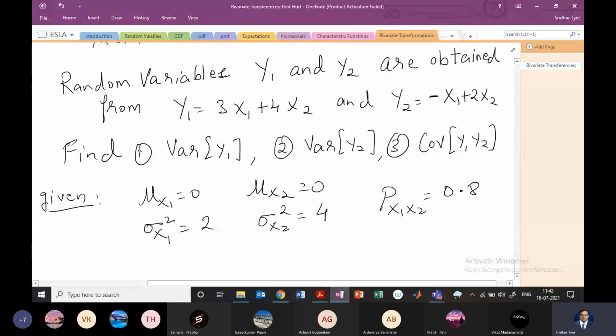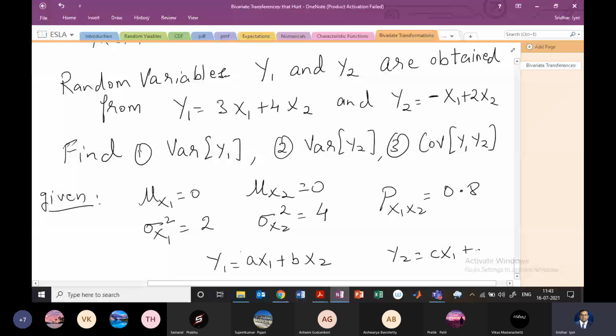The other thing we are given, we can note down here itself. We are given y1 as 3x1 plus 4x2, and any transformation is of the form ax1 plus bx2. So let us have y1 as ax1 plus bx2, and y2 as cx1 plus dx2.